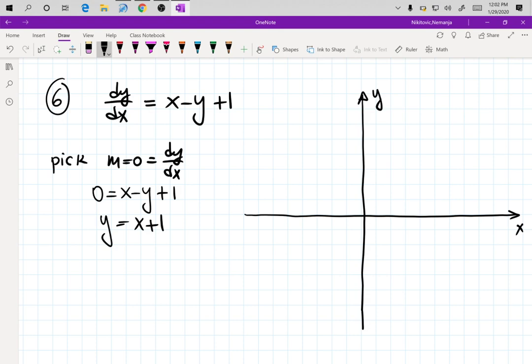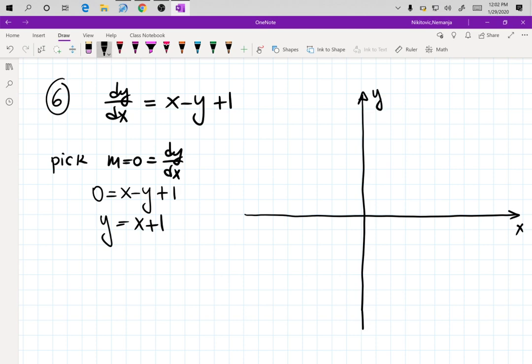A linear line. Are we all happy with this one? Beautiful. Now, we are going to draw the line y equals x plus 1 lightly dashed, because that's not our solution.